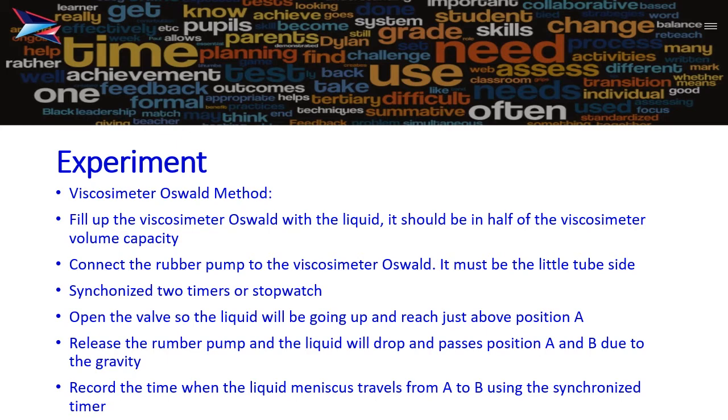Okay, so you know the time, you know the velocity, you know the distance, then you're able to know the viscosity by using the third equation, the third equation which I mentioned in the basic concept.